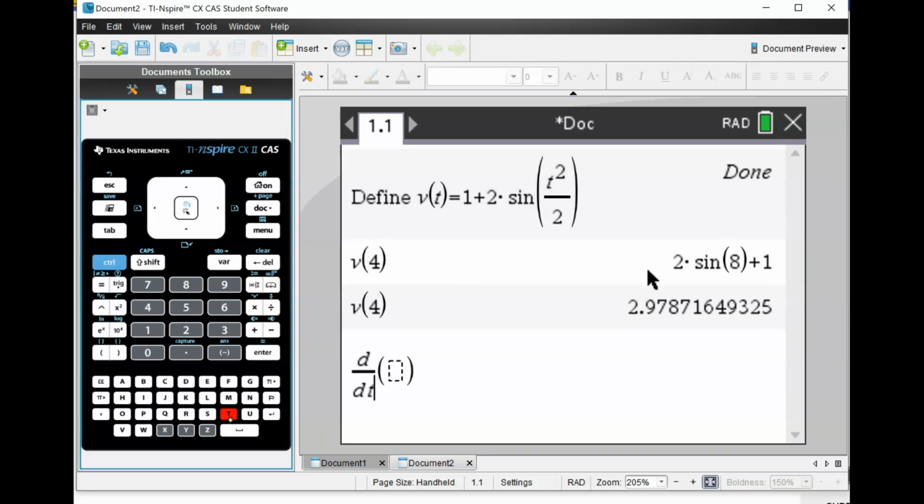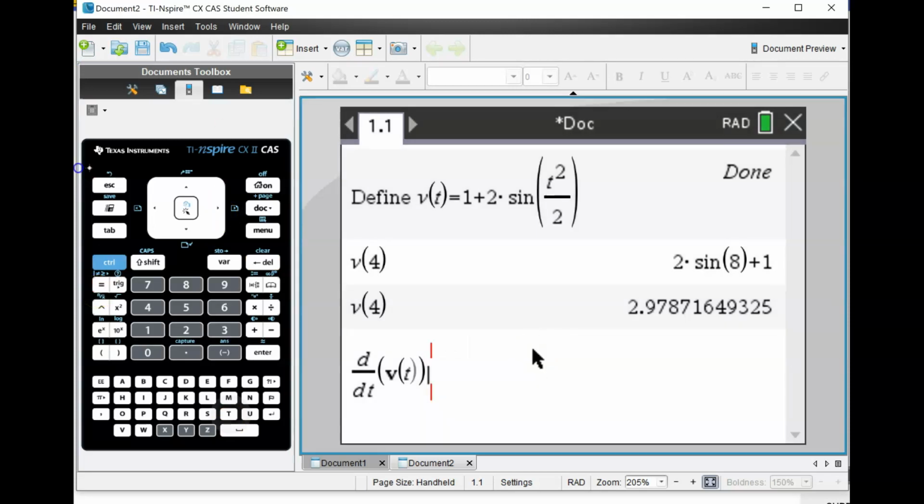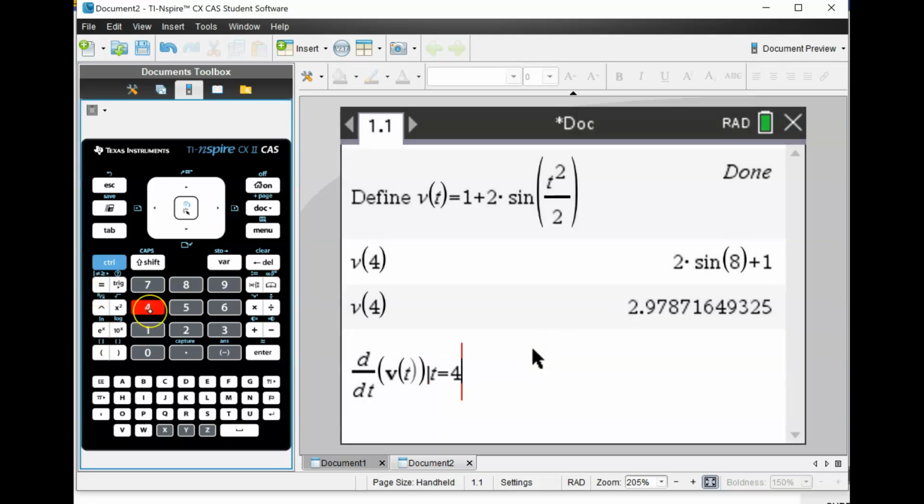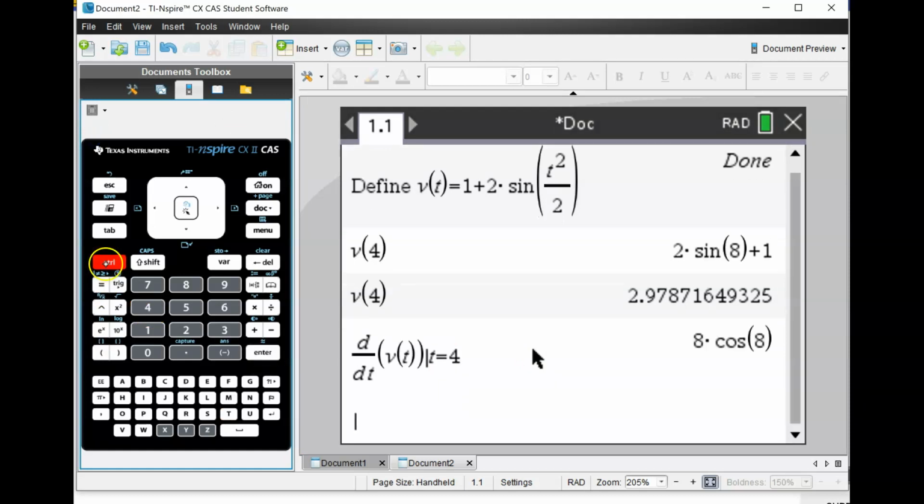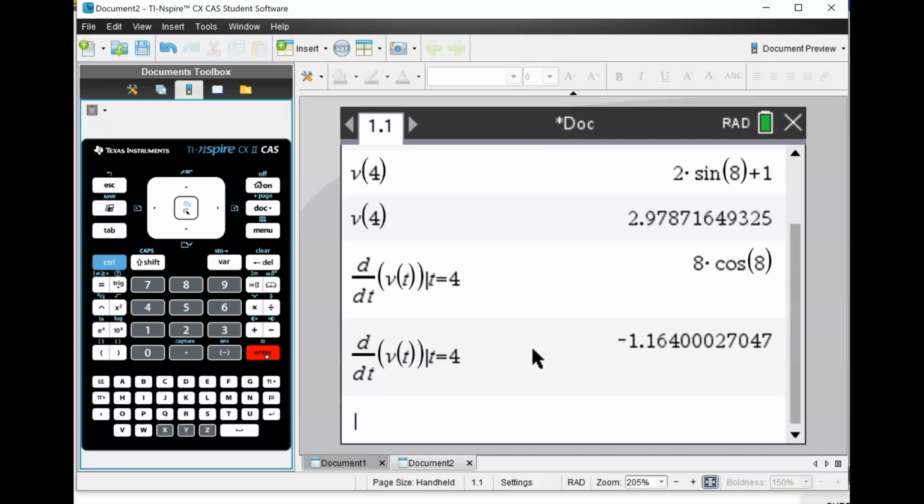We're doing it with respect to t because our function is stored as v of t. You don't need the actual function for acceleration. You want to know what it is at t equals 4. So we're just going to type it into the calculator like that. Now control enter, it gives us that value right there.